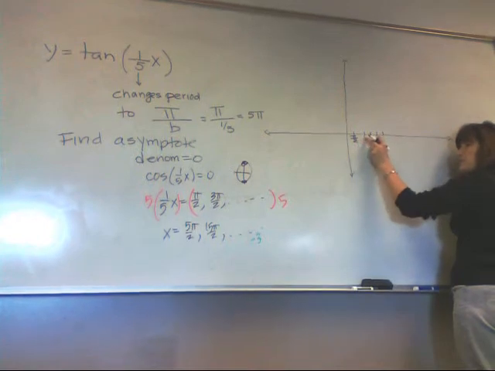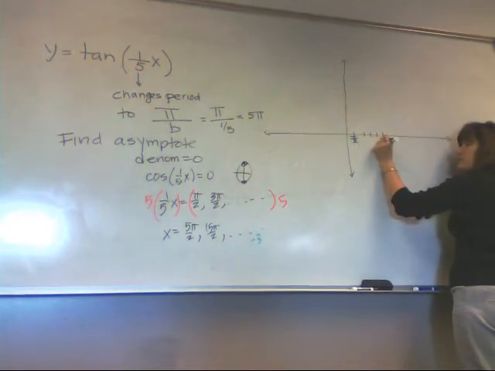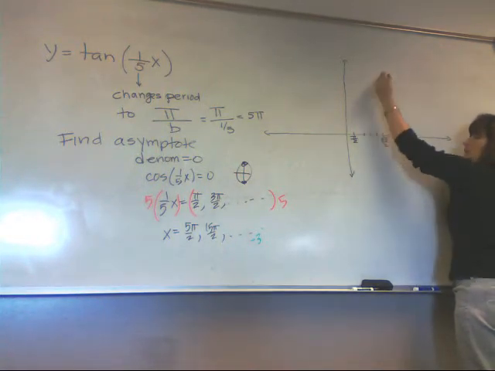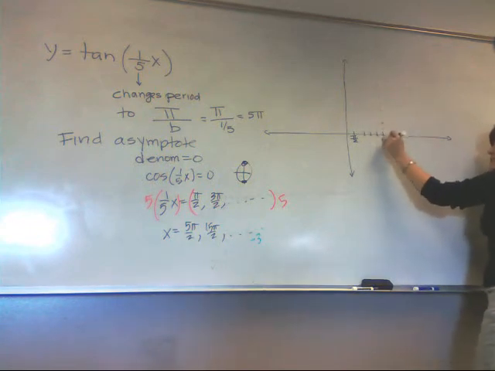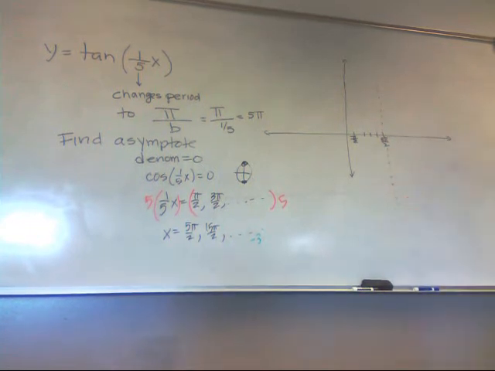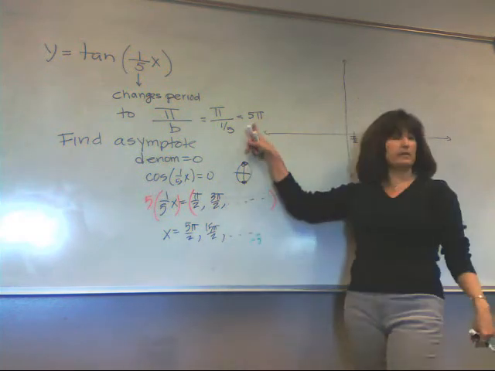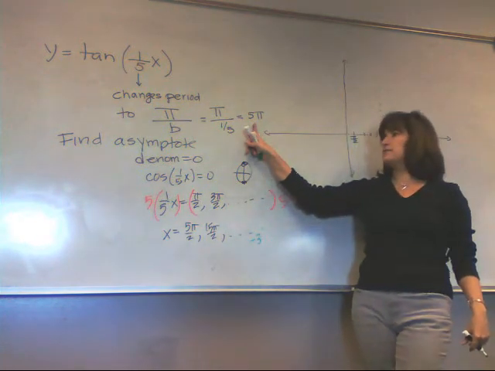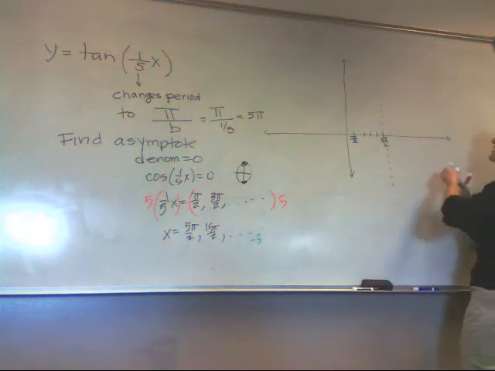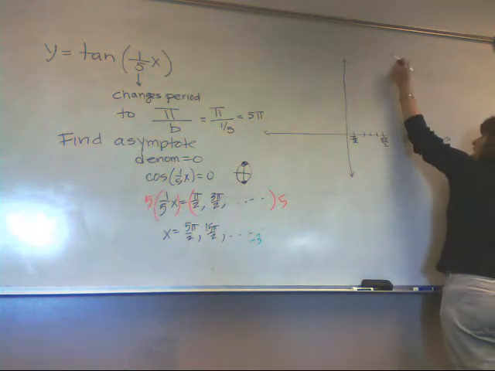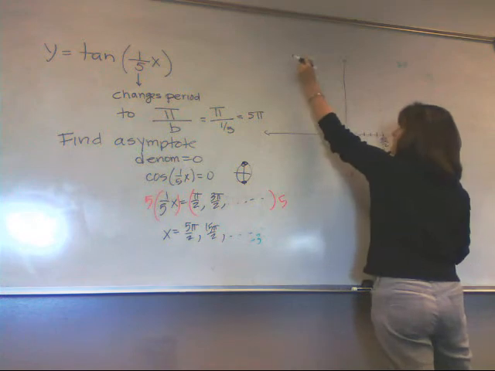So pi over 2, 2, 3, 4, this is 5 pi over 2. According to what I found here, I can see where the next asymptote is. But I can also use the period: if the period is 5 pi, the next asymptote is going to occur 5 pi units down the road and 5 pi units backwards.